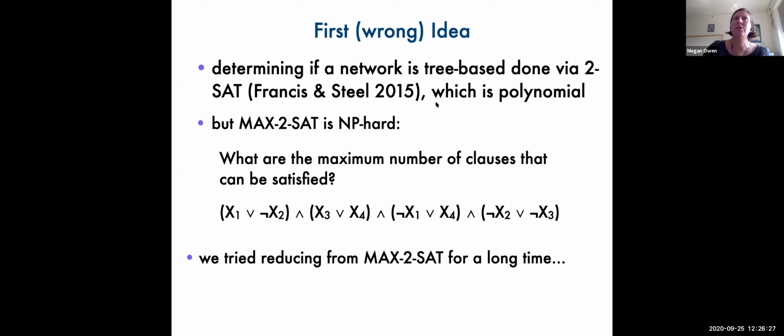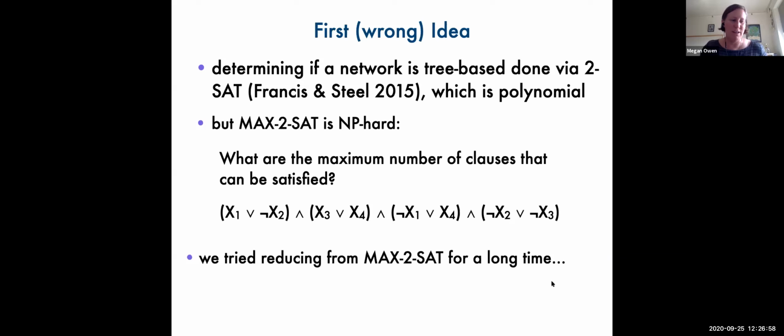Also, if you remember, I said that just determining if a network is tree-based could be done via 2SAT, which is polynomial. But max 2SAT is actually NP hard. We couldn't exactly use the encoding that Francis, Semple and Steel had used for 2SAT, because that didn't work to find the maximum. But we thought that maybe we could somehow reduce from max 2SAT.